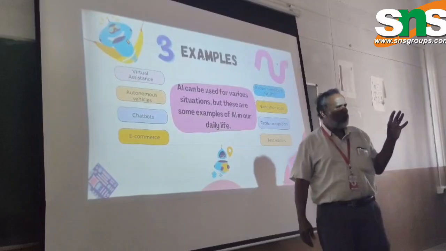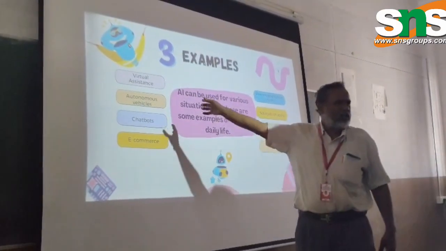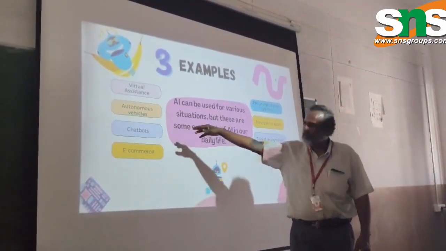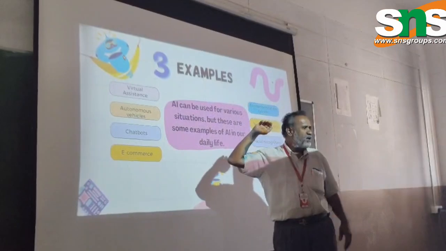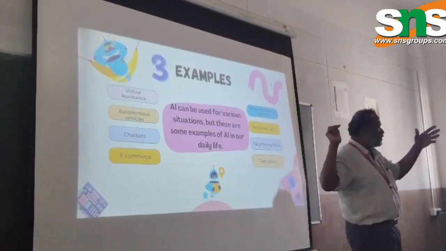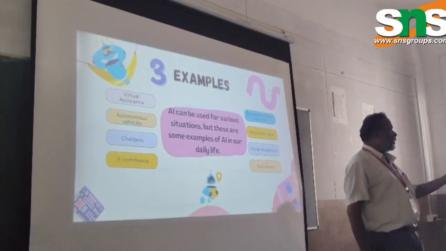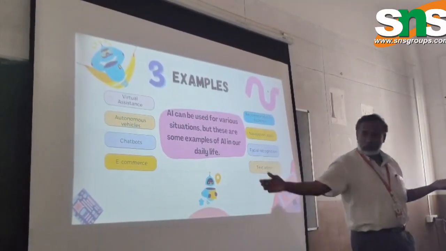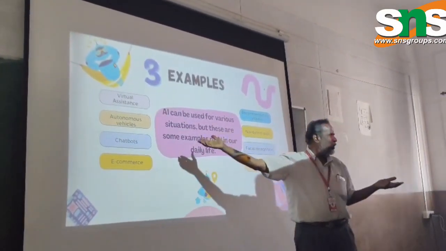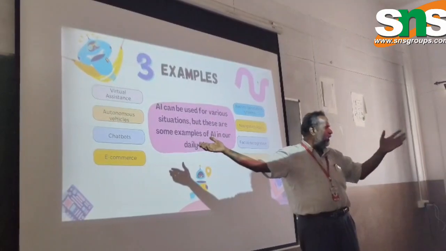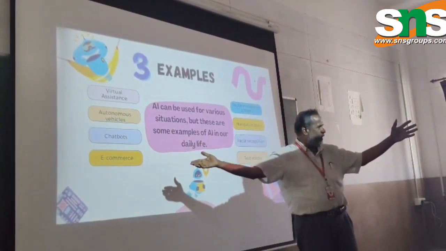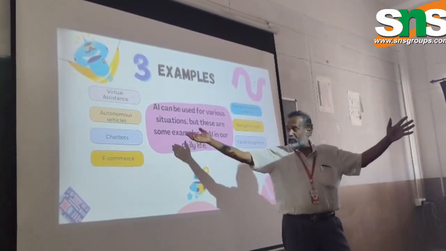In today's class, you saw how AI can be applied in various domains, such as virtual assistants. Google Voice Assistant gives you an answer without texting. We can take a picture of a cat video, and autonomous vehicles like Tesla can drive from one target to another, starting to ending.